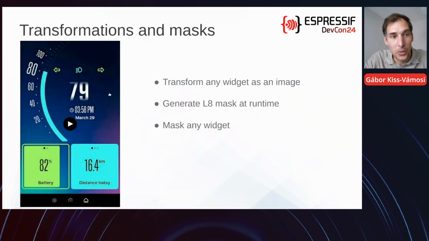And in LVGL version 9, the later version, you can add this mask to any widget and it will just mask out the black parts accordingly. Here we have created an image for the mask, but it could be generated at runtime as well. In the latest versions, you can render anything that LVGL can render in L8, so lightness 8-bit format as well, which can be used for a mask later.